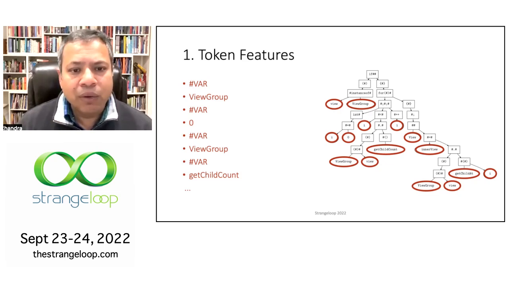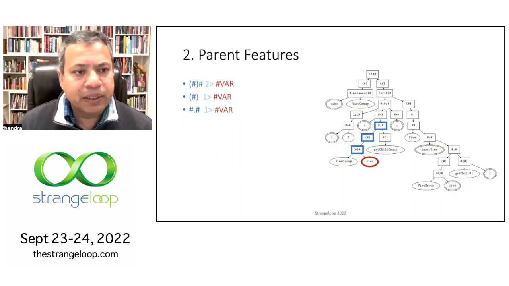But all the global names of types and methods will be retained as explicit features, and those are the features you are seeing in the list on the left. And notice that this literal value 0 is also included as a feature. So these are our token features that occur at the leaves of this parse tree.